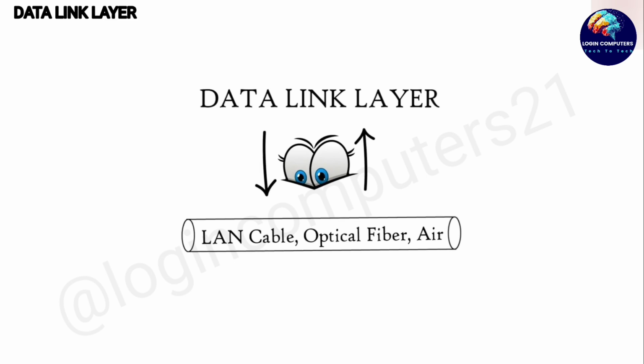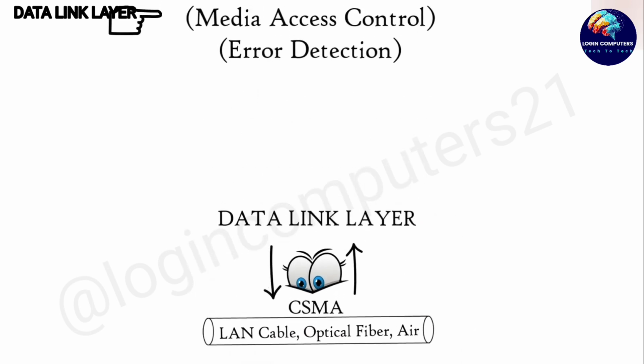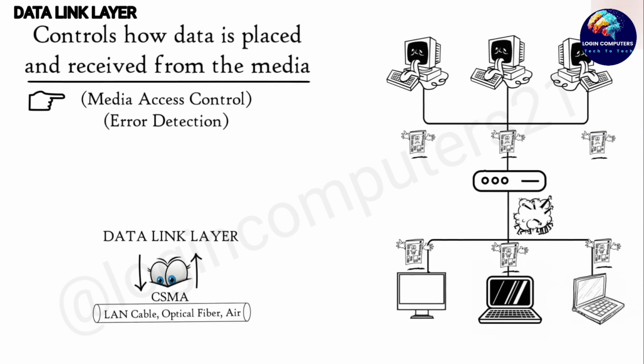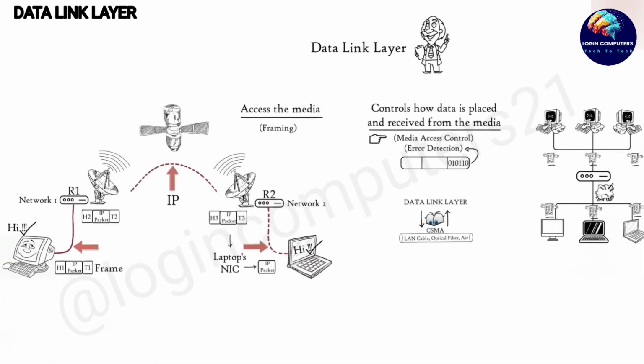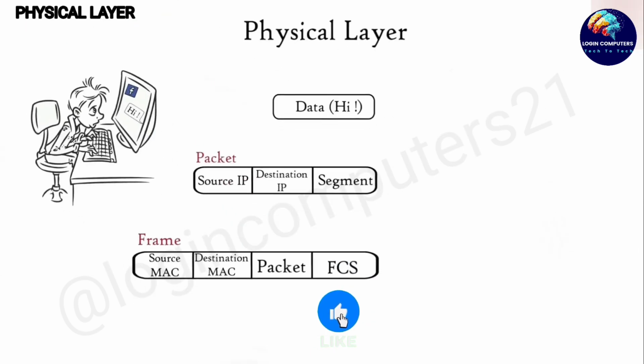This is called carrier sense multiple access, CSMA. So the data link layer, with its media access control methods, controls when data is placed on and received from the media. The tail of each frame contains bits which are used to detect errors in the received frames. This occurs due to certain limitations of the media used for transferring data.